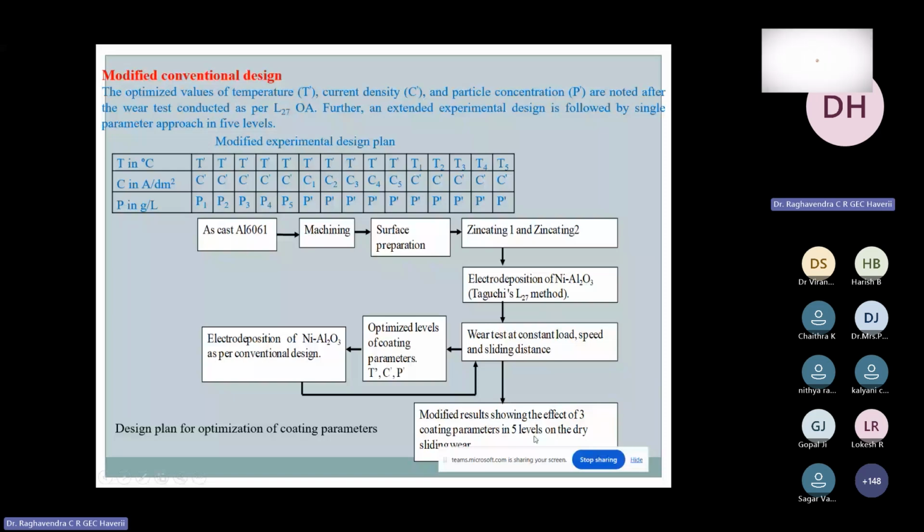That is what we have shown in the experimental design table. This has significantly reduced the number of experiments that we regularly do with the conventional method. This is our new approach. This article has also been published in Tribology.